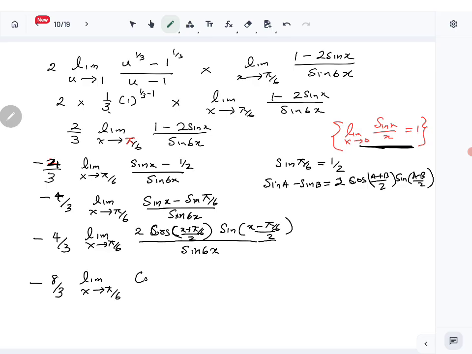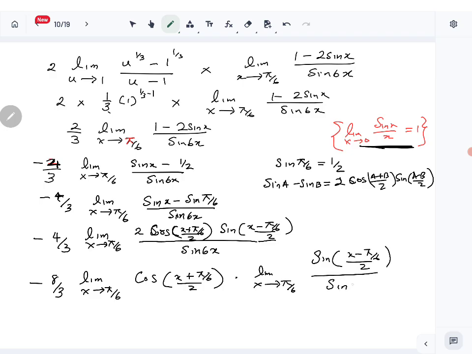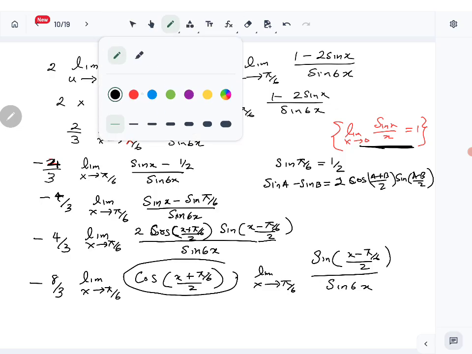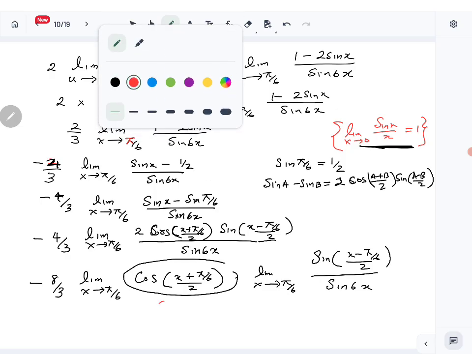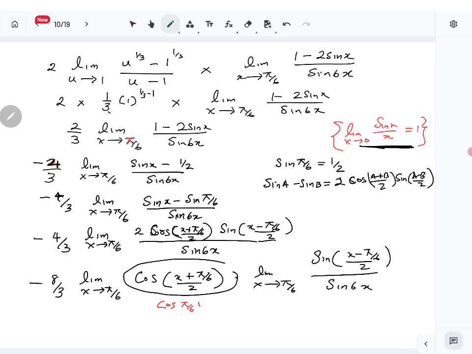Then again I will break it into two limits. Cos x plus pi over 6 over 2 times limit x goes to pi over 6 of sine x minus pi over 6 over 2 over sine 6x, right? So for this part, now apply the limit. What happens? If you put x equals pi over 6, you get cos pi over 6 plus pi over 6 over 2.